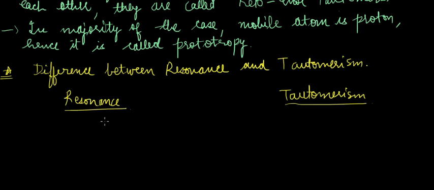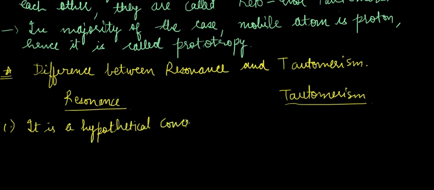Okay, so resonance is a hypothetical concept. It just exists on paper. On the other hand, tautomerism can actually be verified experimentally.